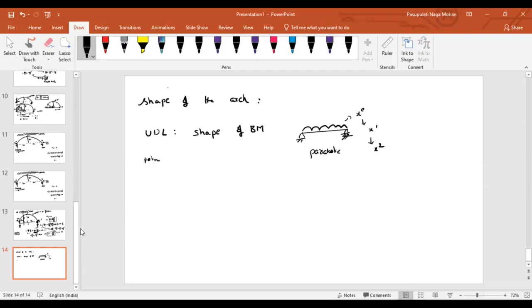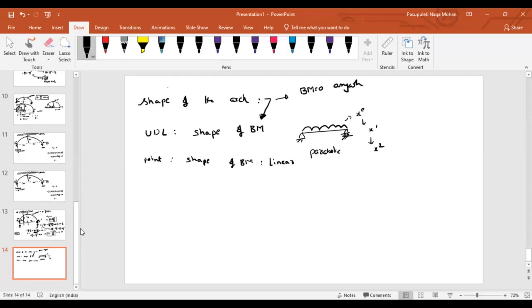If it is a point load, what is the shape of the bending moment? Linear, sir. If you construct the shape of the arch corresponding to the shape of the moment, then your bending moment is equal to 0 everywhere.